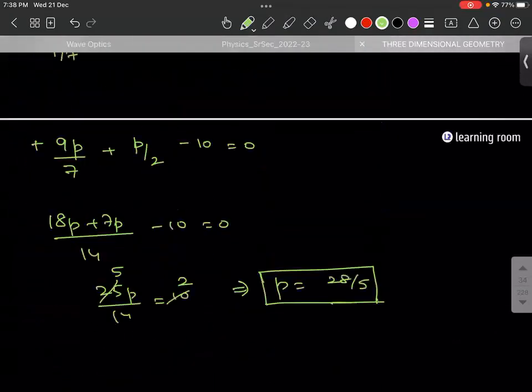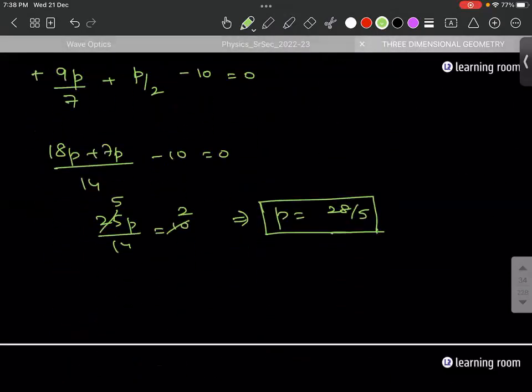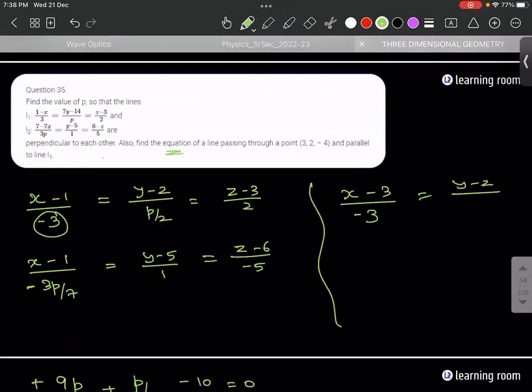What about the equation of line? Find the equation means you can write it in the Cartesian form also. So x minus 3 divided by minus 3 is equal to y minus 2 divided by b by 2, which is 14 by 5, is equal to z plus 4 divided by 2.